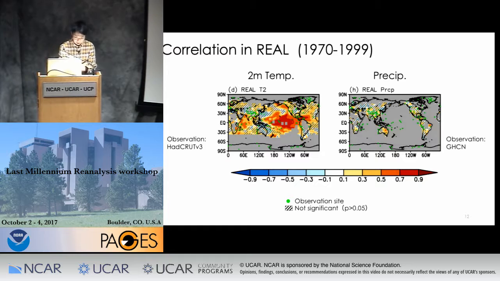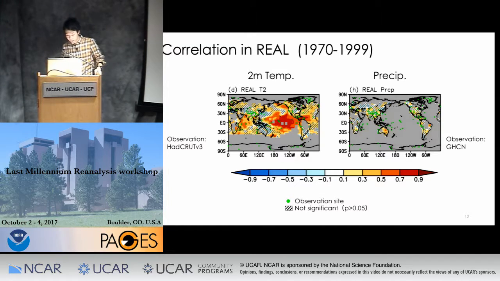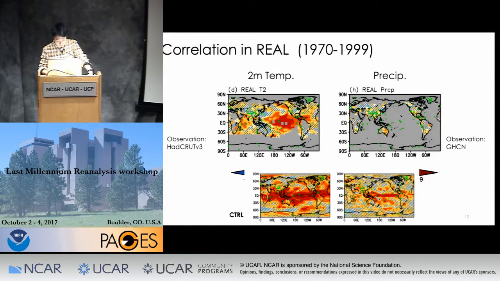Again, this is the correlation between the analysis and, in this case, observations. Observations are HadCRUT for temperature and GHCN for precipitation. And if you compare with the control case, that is OSSE, as you can see, the result is degraded as expected.